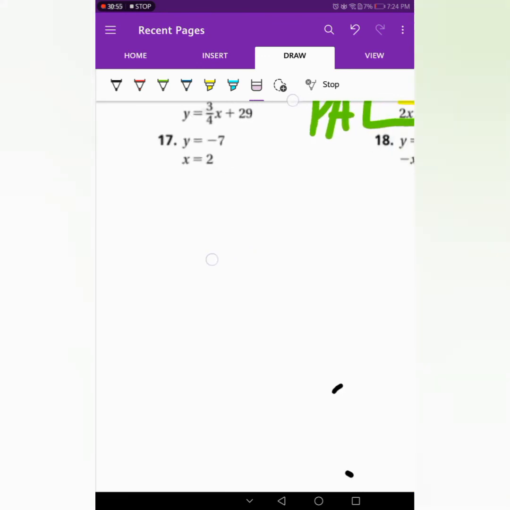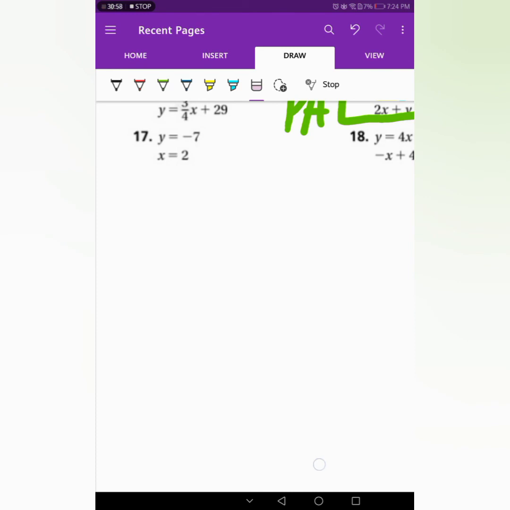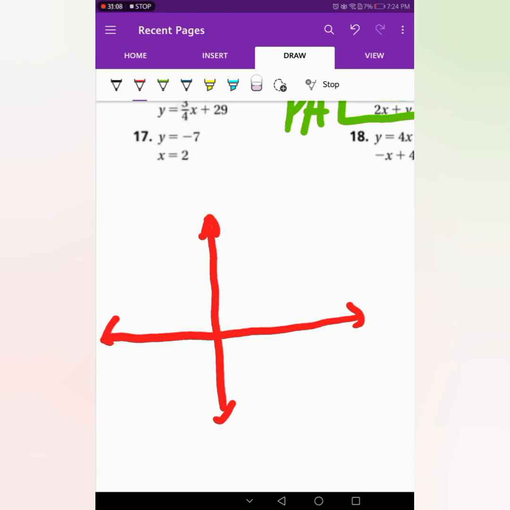What about number 17 here? As you learned before, my dear student, if you graph this, I will stretch it here. The negative 7 is here, suppose, and the 2 is here.